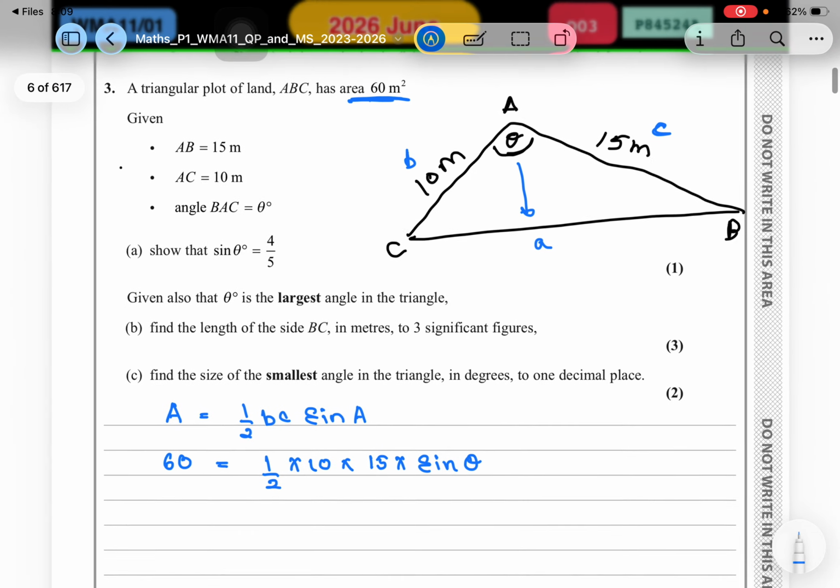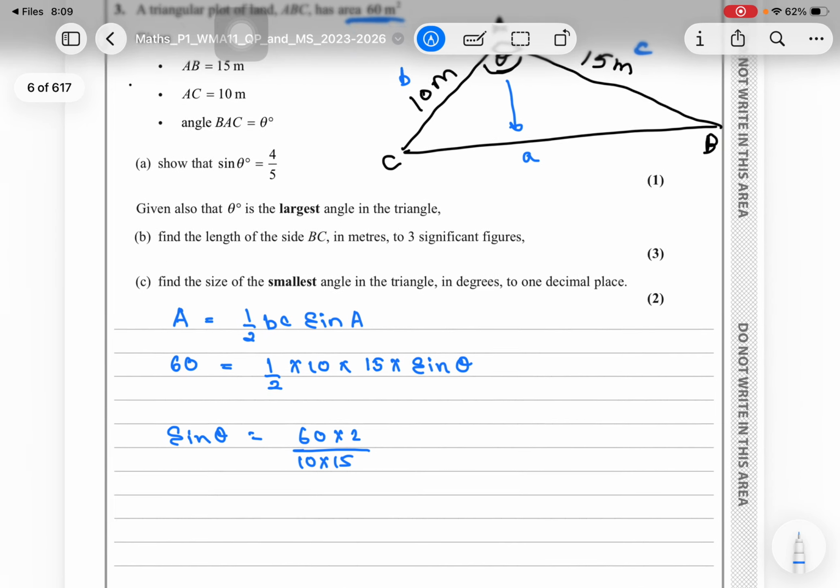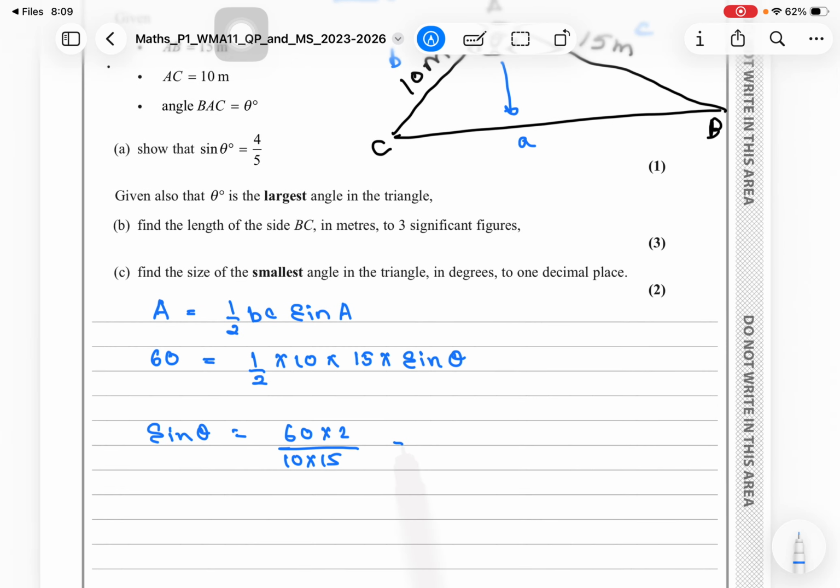So sine theta will be 60 times 2 divided by 10 times 15, which is 60 divided by 75. So you have sine theta equals 4 over 5. This is the answer for the first part.